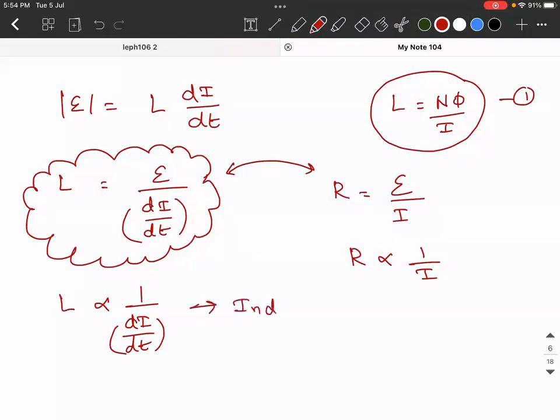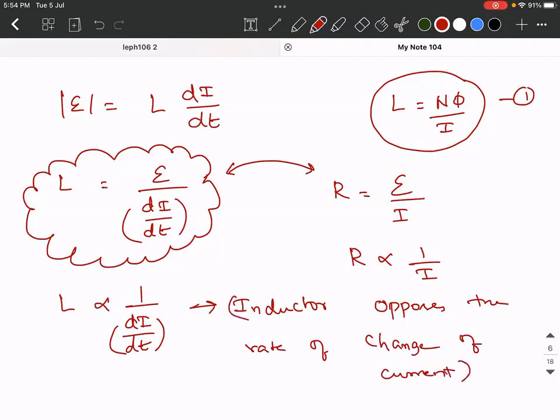Inductor opposes the rate of change of current. This is clear, right?